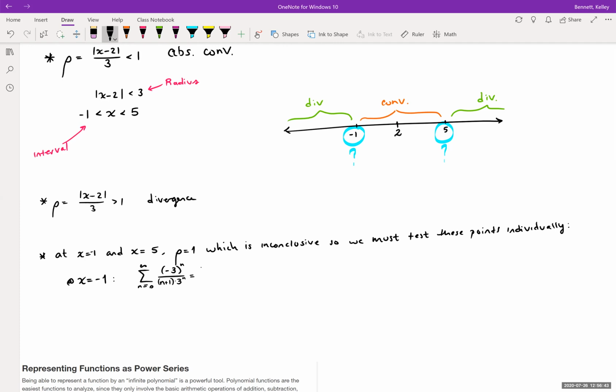If I simplify this, I get the sum from n equals 0 to infinity of (-1) to the n over n plus 1. This is an alternating harmonic series, which we know converges. It's a conditional convergence, but it converges. So that was at -1, and this guy converges.